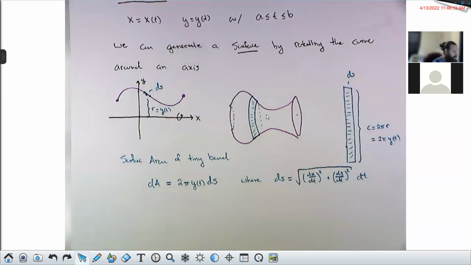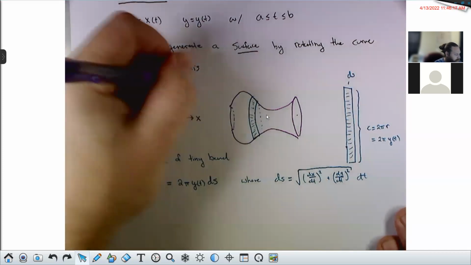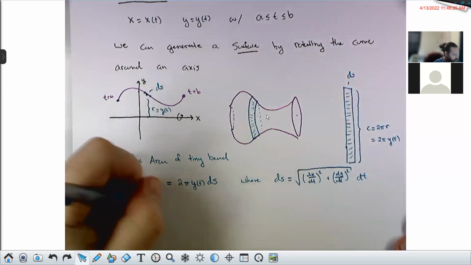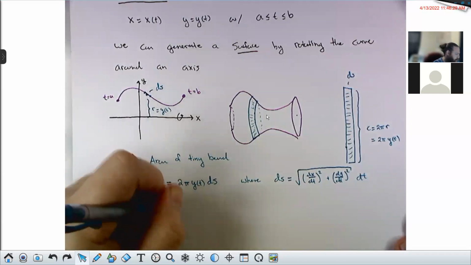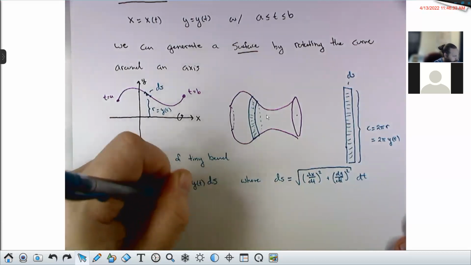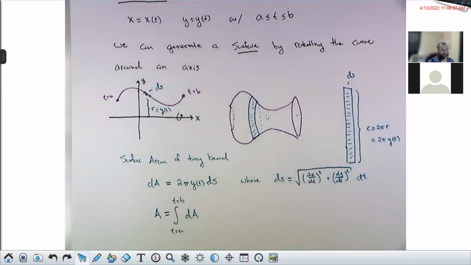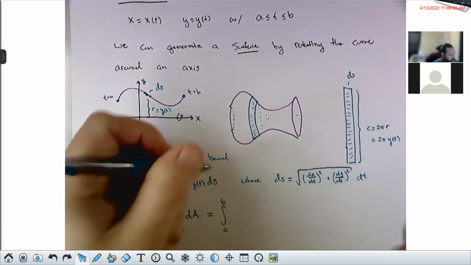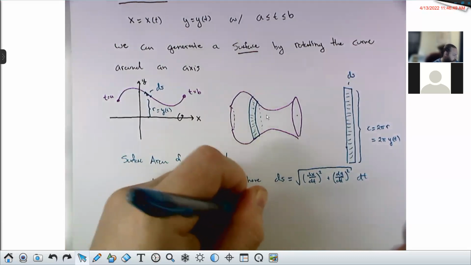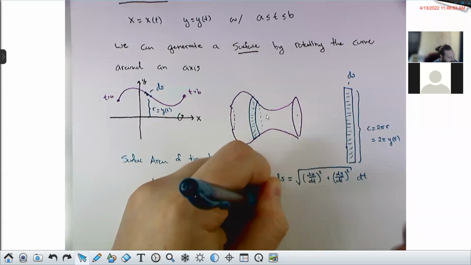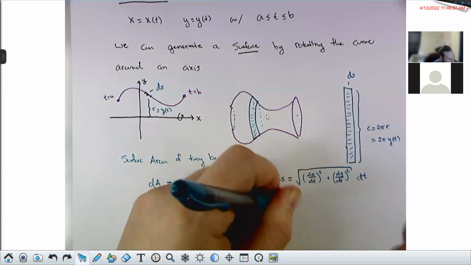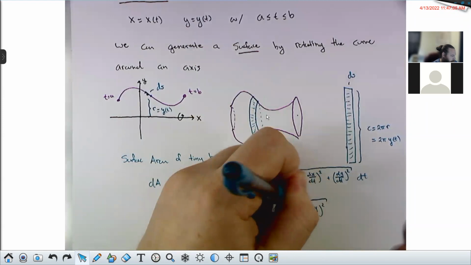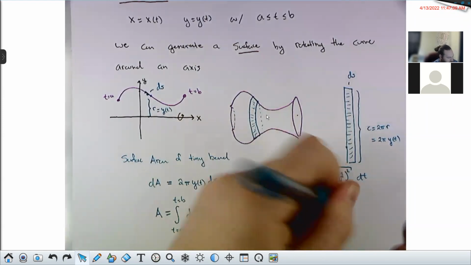So plugging all this in and integrating from my initial point over here, where t is equal to a, to my terminal point over here, where t is equal to b, I get that the surface area would be the integral from t equals a to t equals b of the little surface area, which is the integral from a to b of 2 pi times y of t times ds, and ds is this thing, the square root of dx/dt squared plus dy/dt squared, all done dt.